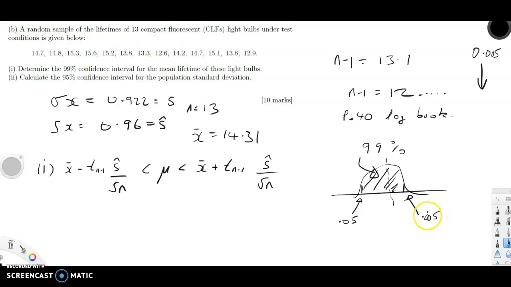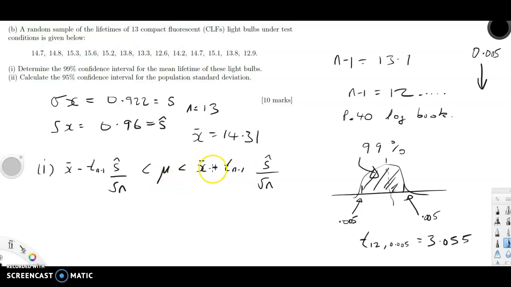So we'll have an extra 0 in here and in here. We look down along the 0.005 column where it intersects with the row marked 12, t with 12 degrees of freedom and 0.005 as our column, and we get 3.055. So that's going to be our t value on both sides.